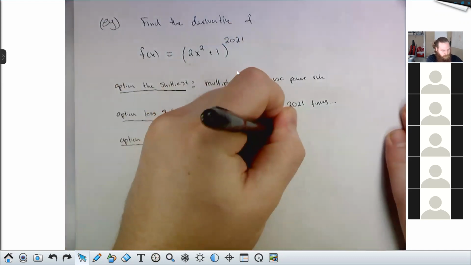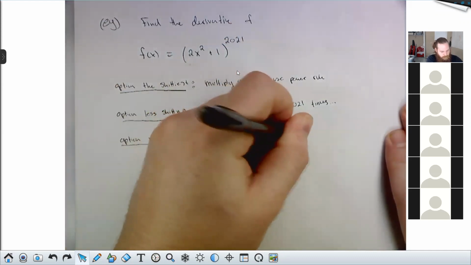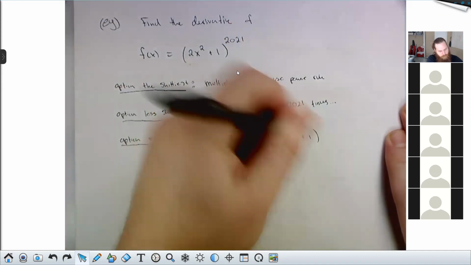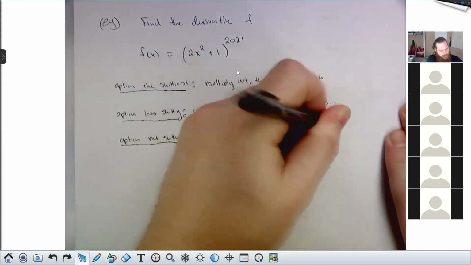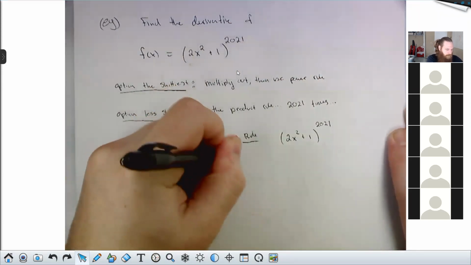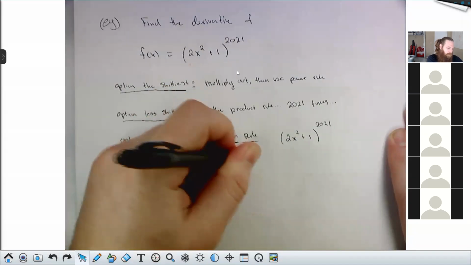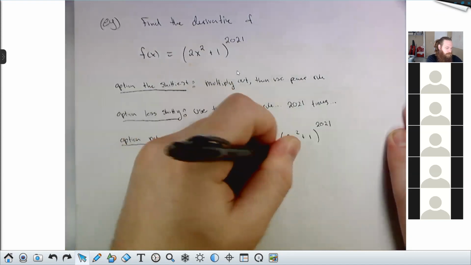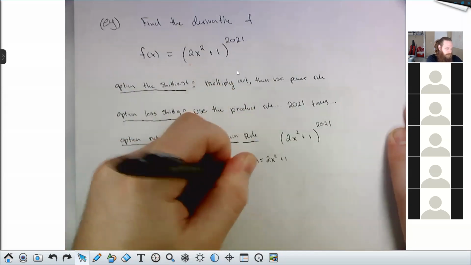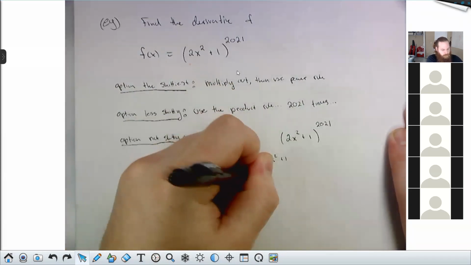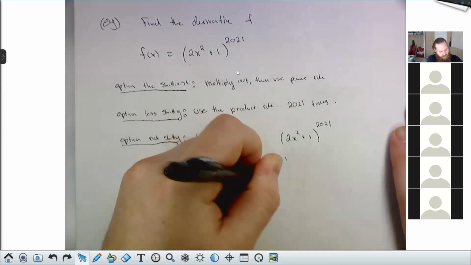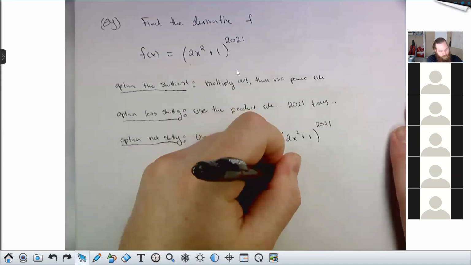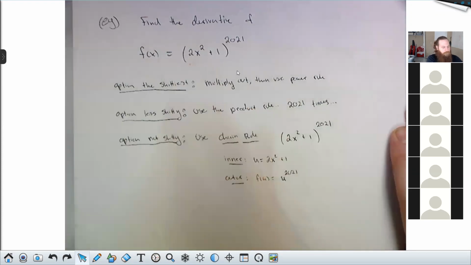So my inner is u equals 2x squared plus 1. My outer is f of u equals u to the 2021.